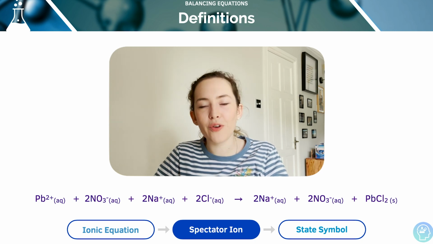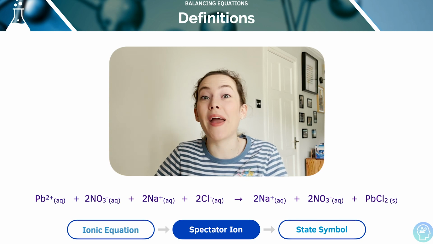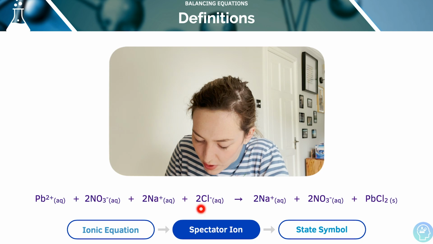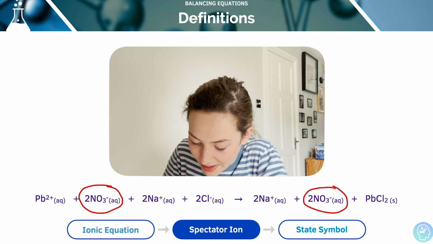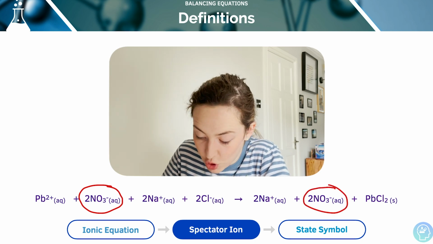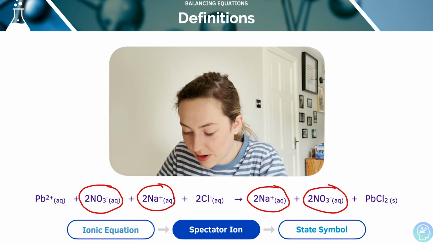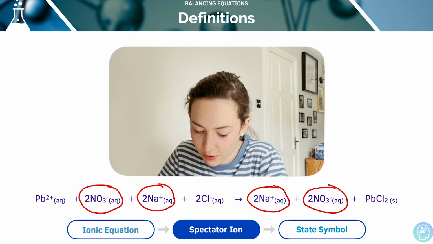So the ion is present in the reaction, but it doesn't actually react, hence it spectates, it watches. If we have a look here, we can see some spectator ions. In fact, we can see lots. We've got NO3, NO3, aqueous on both sides, no change. And I've got sodium and sodium there, aqueous on both sides, they've not changed, they've not reacted. So those are our spectator ions.